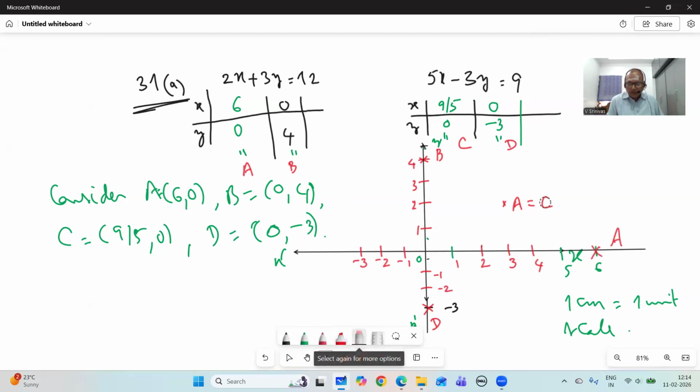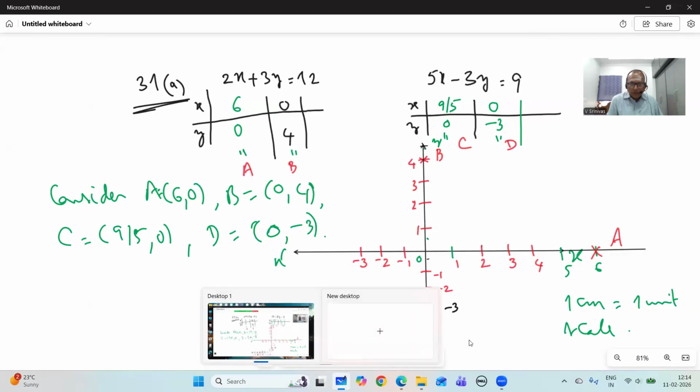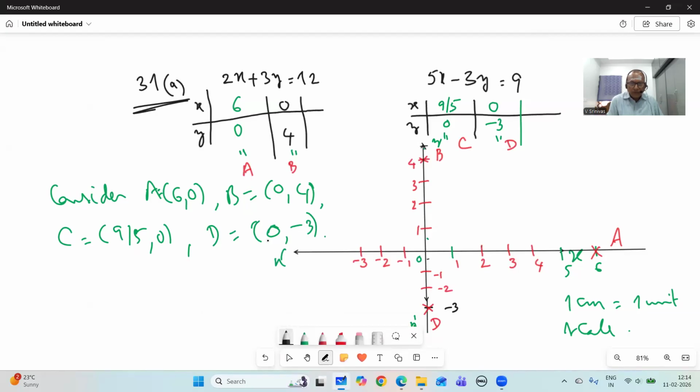Let me erase. So what is capital B? 0 comma 4. X coordinate is 0, so it will be on y-axis. So this is B. This is 0 comma 4. This is A. This is 6 comma 0.